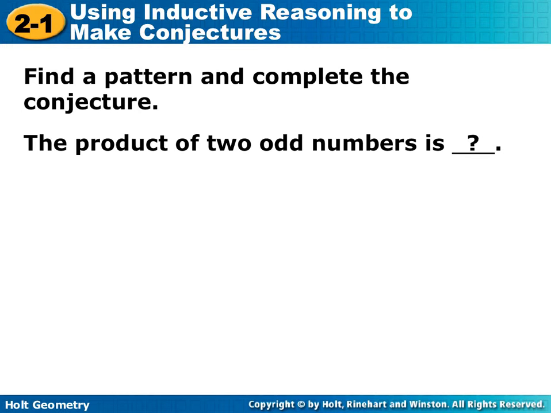Pick a variety. It doesn't say they have to be positive. I don't think you'd really use decimals or fractions because we don't really talk about odd numbers as being decimals or fractions. But pick some odd numbers, multiply them together, see what kind of answer you get. At least 3 examples before you fill in the blank.